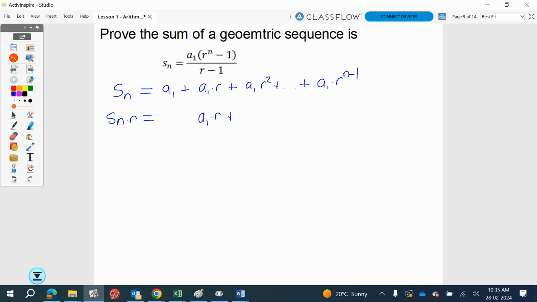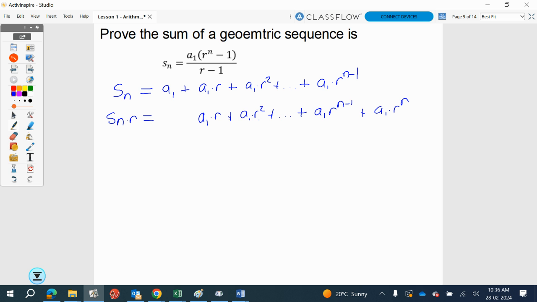If I multiply it by R, it becomes A1 times R squared, plus dot dot dot. If I multiply the penultimate term, I get A1 times R to the n minus 1. And if I multiply the last term, I get A1 times R to the n.